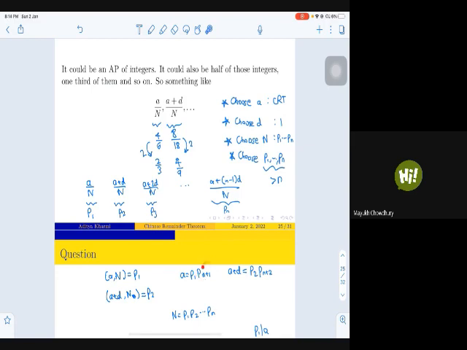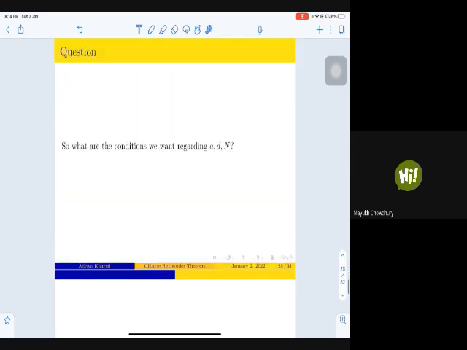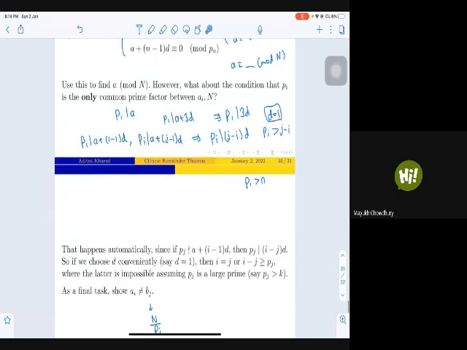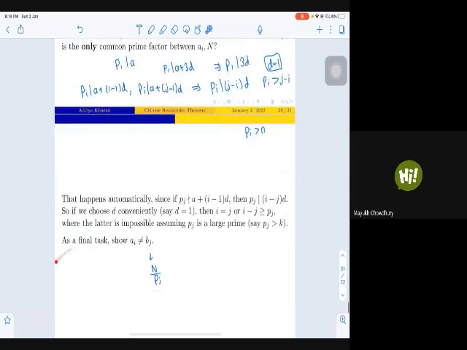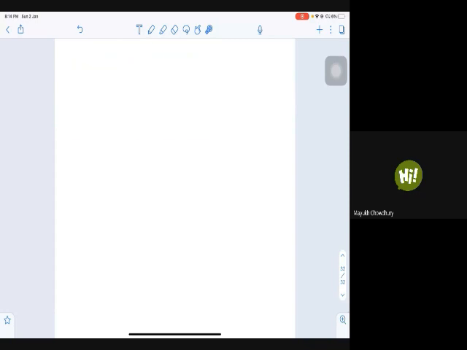This would be anything that is different from all the other primes. So it is divisible by P1 and the remaining part is something co-prime to the other primes. So that is one thing we did. And to ensure everything was distinct, that is just simple algebra. And that's it. We are done with the problem.